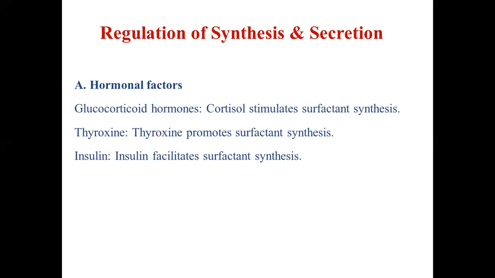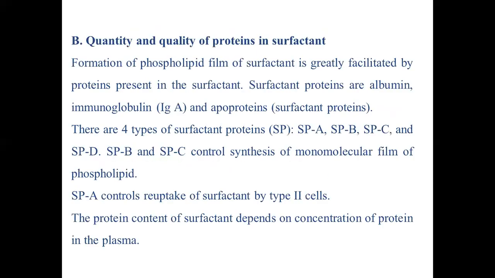So cortisol is very important in stimulating surfactant synthesis, along with thyroxine. Thyroxine also promotes surfactant synthesis, and insulin also helps in facilitating it. So these are the three important hormones which stimulate and control the synthesis and secretion of surfactant.